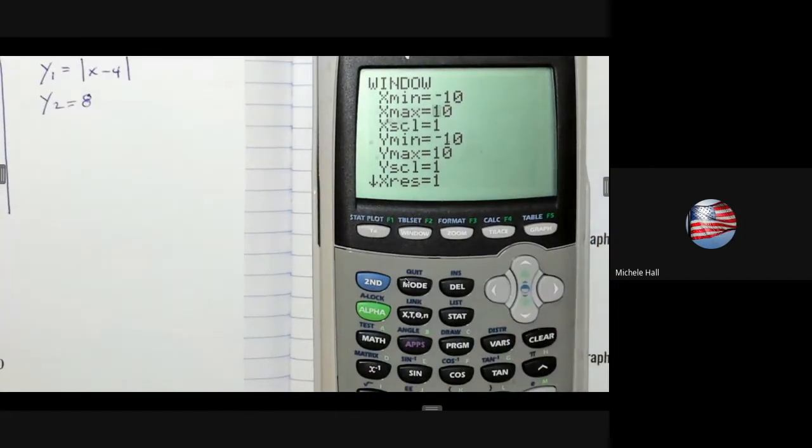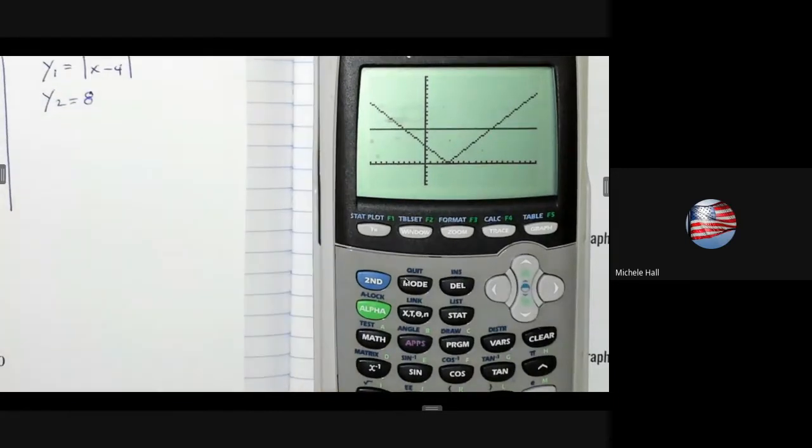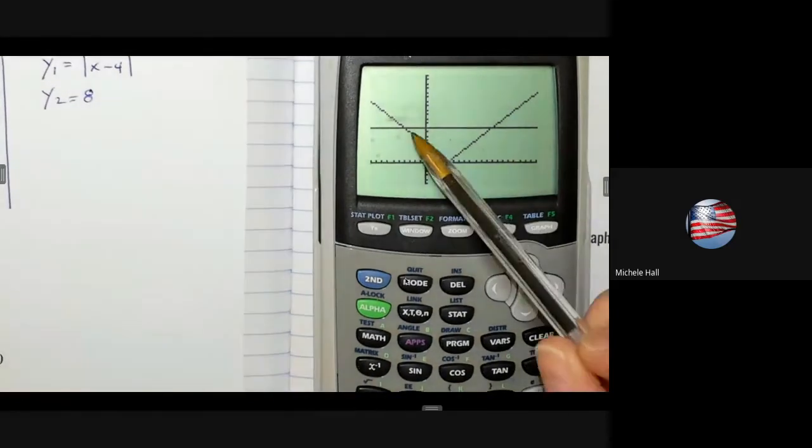Let's go with 20 and see if that's big enough. I don't need to be all the way down at negative 10, so let's say negative 5, and my y max could stand to go up a little bit, so I'll say 20 on that as well. Let's see what the graph looks like. All right, that's better.